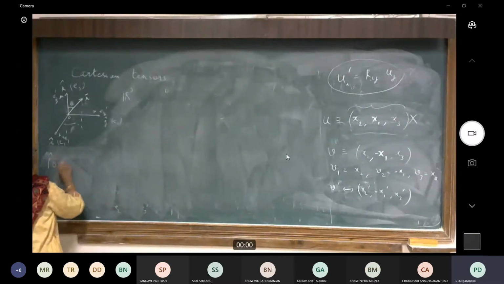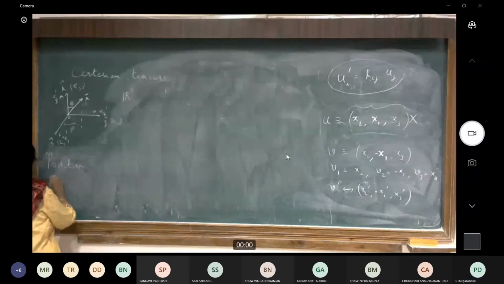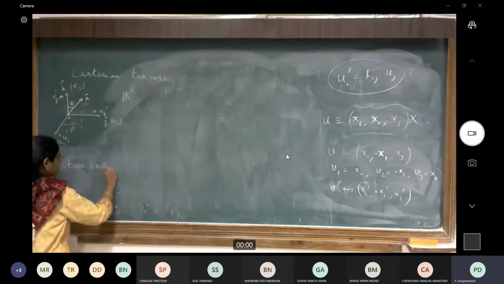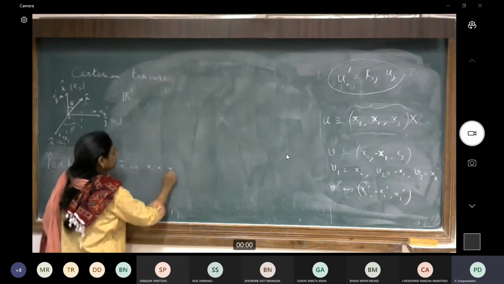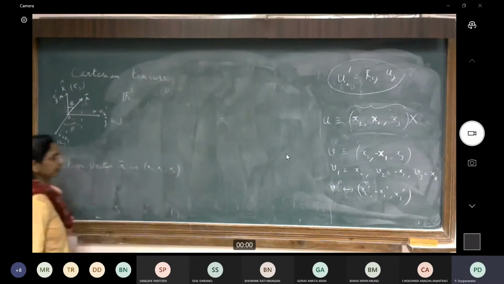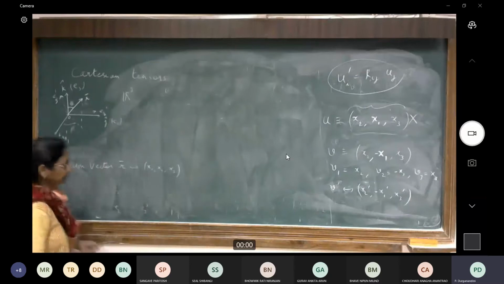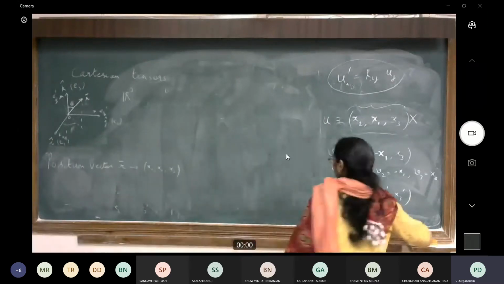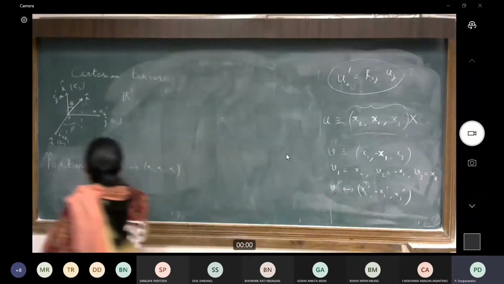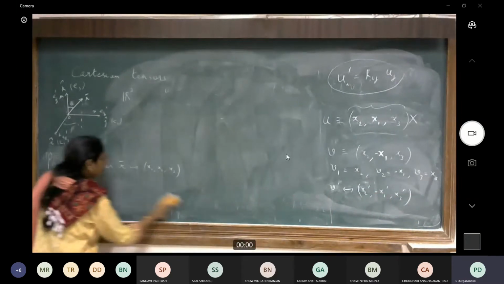We had an example for rank 1 or a first order tensor. This is a position vector R, the standard one, x1, x2, x3. And we saw that if I change the order, it makes a difference. Those three quantities don't necessarily have to be the components of a vector.